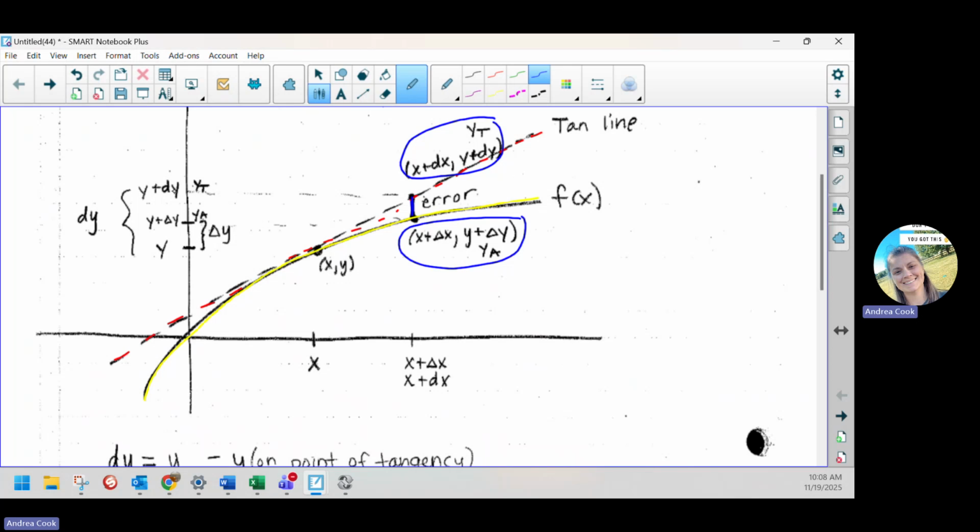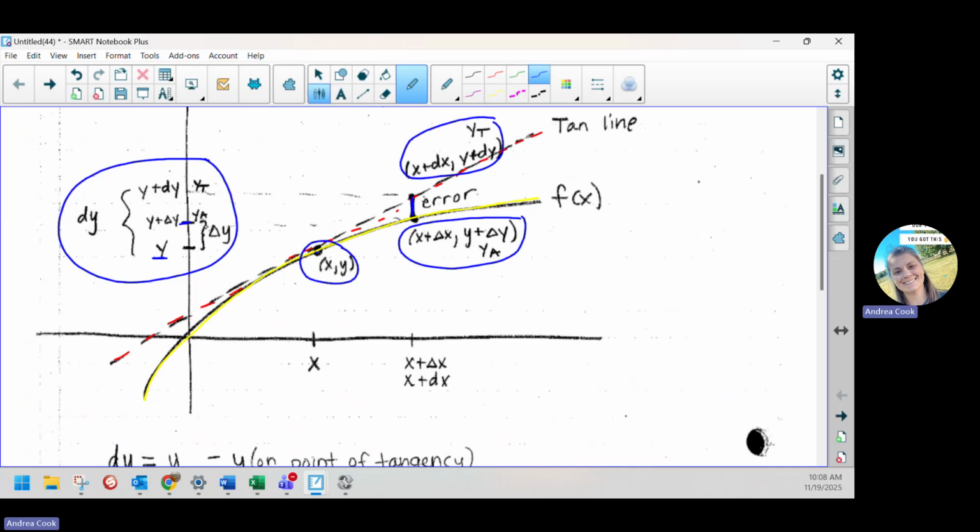If you look at it on the y-axis over here, it helps. So you have the point of tangency here at x, y, and then we go delta x or dx away from x to get the new point. So here is my y value for the original point. And then if I go on the original function, I'm up here.